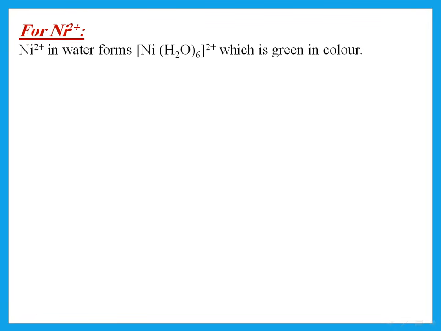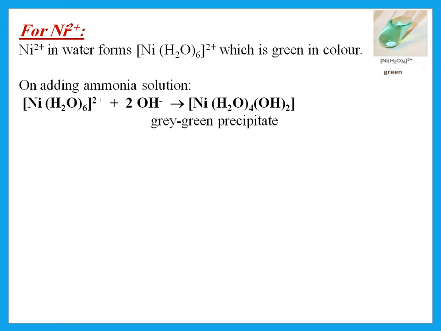Let's talk about nickel. Now, nickel in water forms a nickel-water complex, which is green in color. Remember the colors. We said copper was a blue solution. Nickel is a green solution. So I'm starting with a nickel-water complex, which is the solution of nickel in water, and that is green. Now, if I add ammonia solution, we're going to exchange some of the water for OH minus.